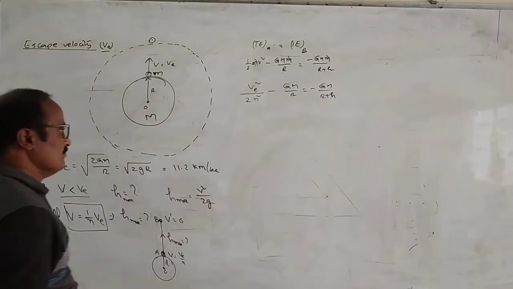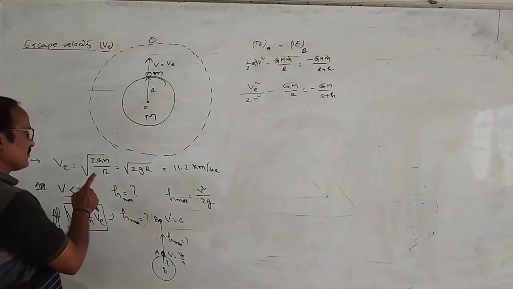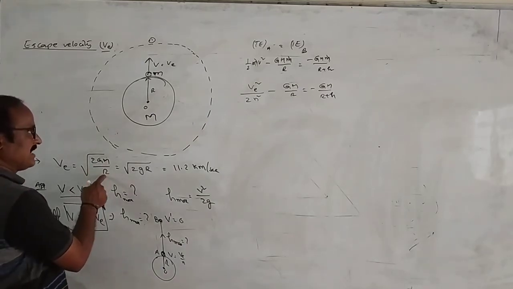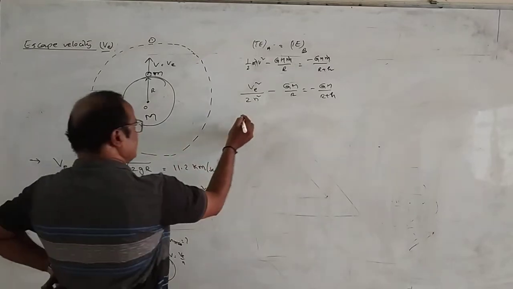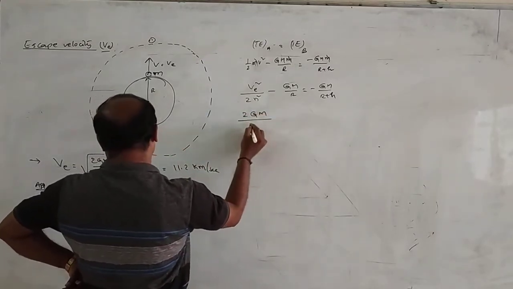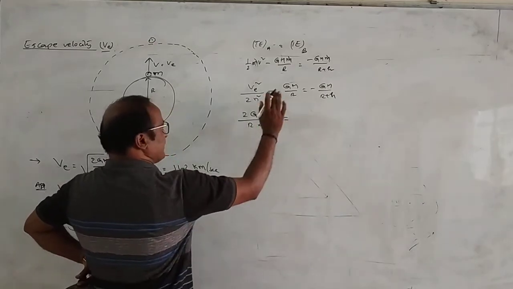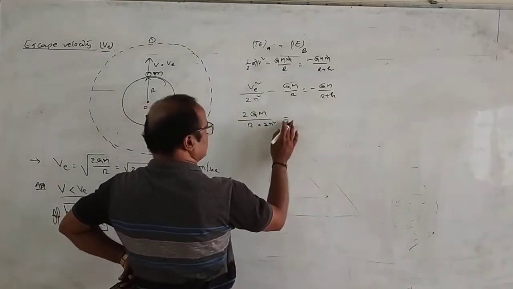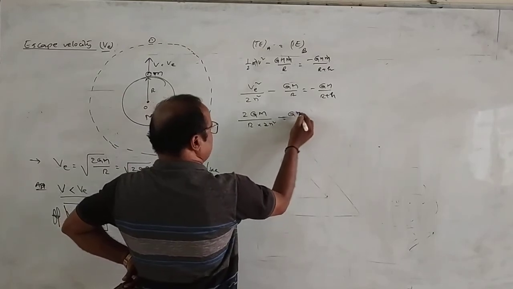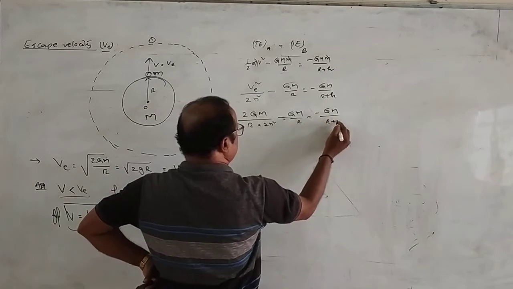Again v square, where v is equal to root of 2GM by r, so v square is equal to 2GM by r. Substituting, 2GM by r into 1 by 2n square minus GM by r is equal to minus GM by r plus h.